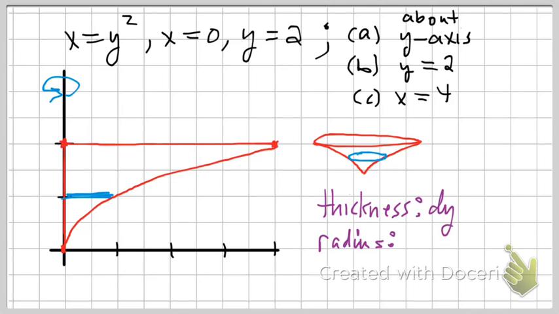Y squared minus 0. Are you guys all confident in that? That little blue line represents the radius of the disk, and that's going to be y squared minus 0, because this is the graph for x equals y squared, and this is x equals 0 on the left. Where does the 0 come from? It's every radius. It's like y minus 0, because it's big minus little, which in this case is right minus left, and the left is 0.